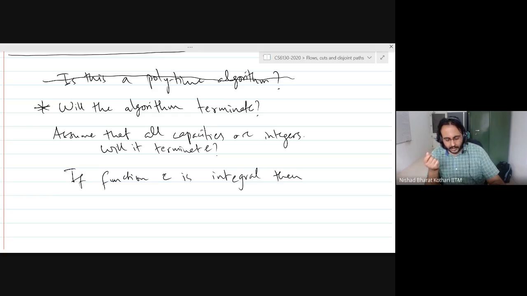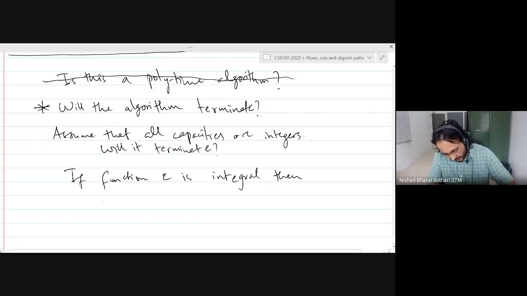And therefore, you will have an integral flow and the algorithm will terminate in as many steps as the maximum flow value. So if the maximum flow is 10, then you will have to terminate in 10 steps because you start from zero flow and then at each step you will increase by at least 1, because epsilon will always be an integer that is at least 1.